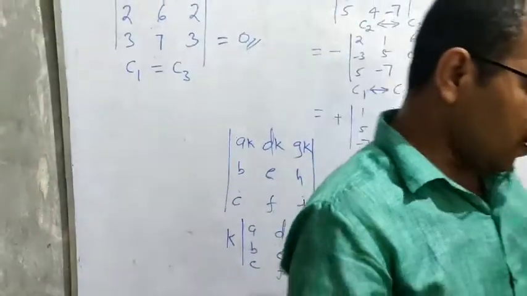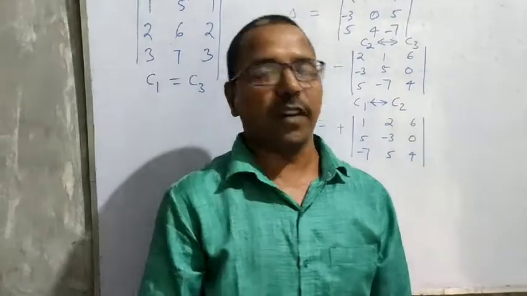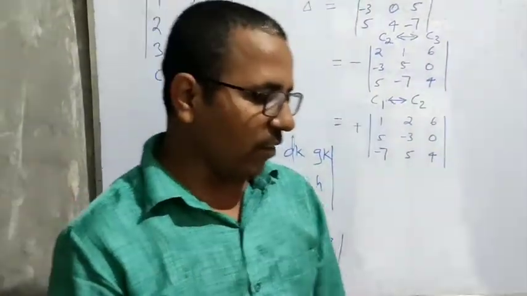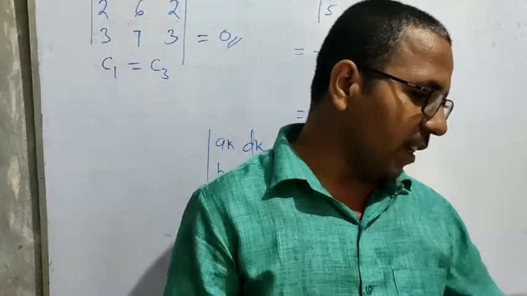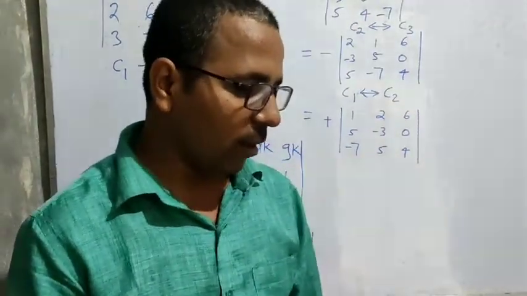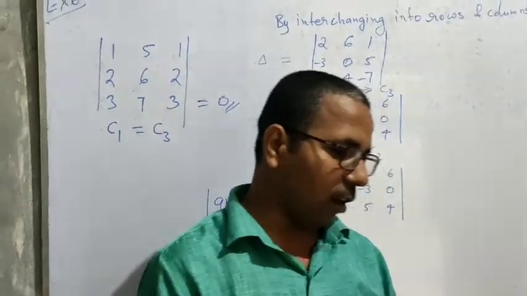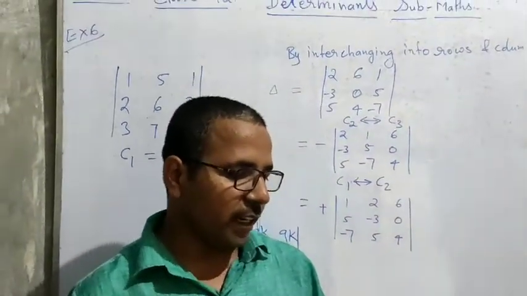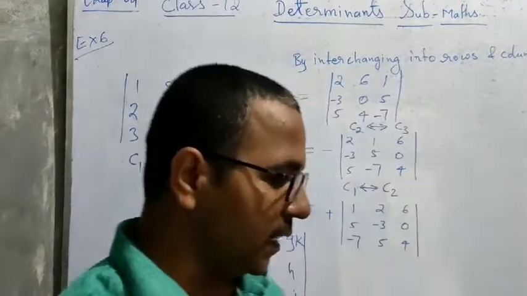So now students, let's see the next property. This property is very important. Property number 5: if the elements of a row or column of the determinant are expressed as the sum of two or more terms, then the determinant can be expressed as the sum of two or more determinants.